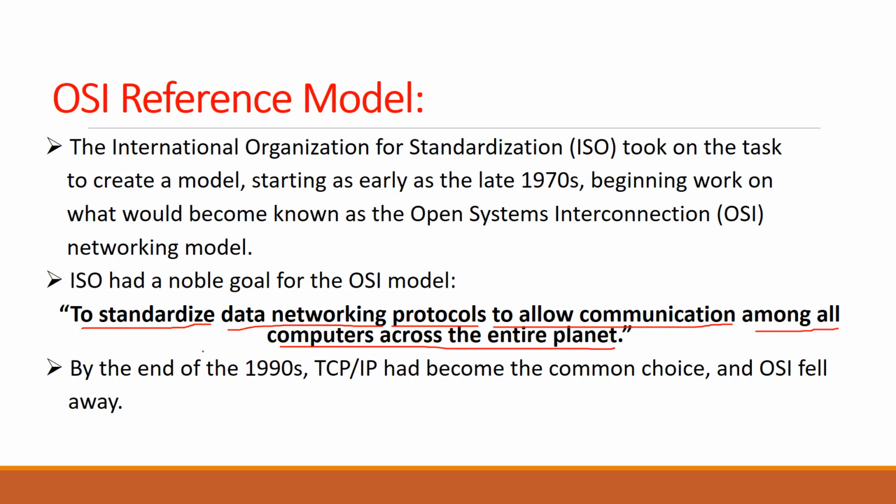That's why by the end of the 1990s, TCP/IP had become the most common choice, and OSI fell away. So there was something like a battle between TCP/IP and OSI. That's why we call the OSI networking model the OSI reference model, because we will use it for demonstration purposes, and you will find it in multiple books.